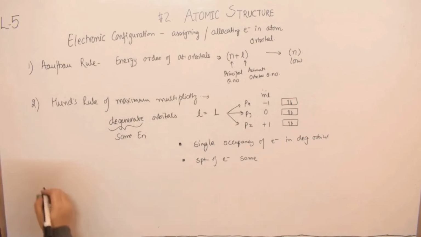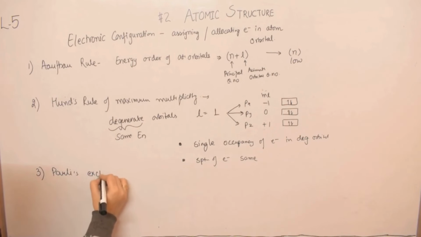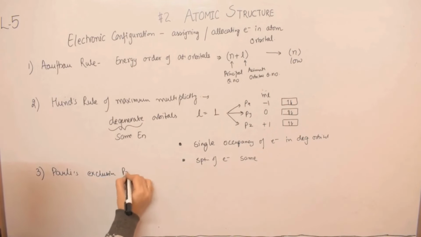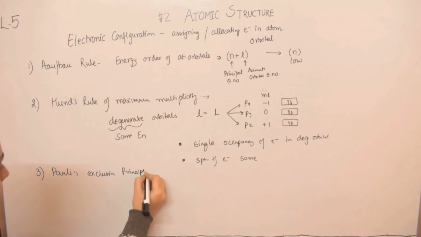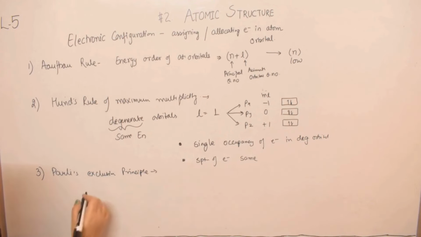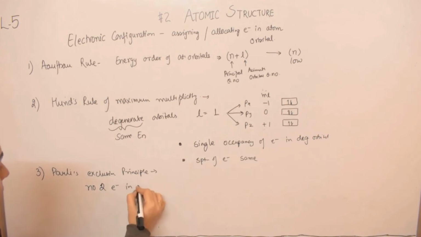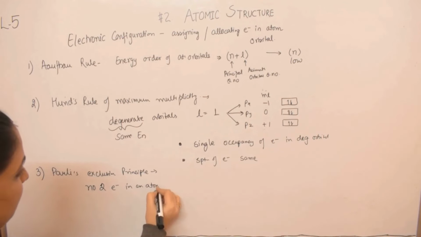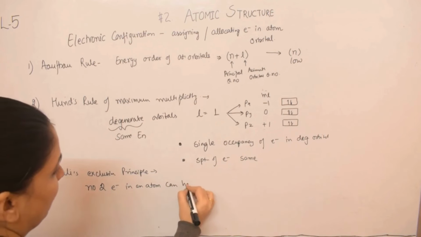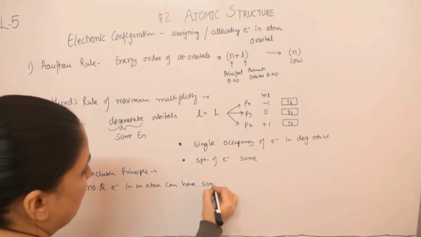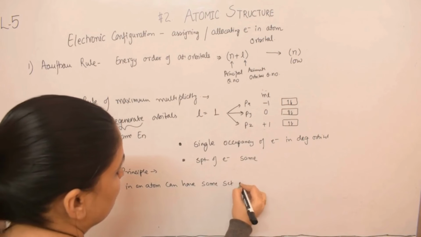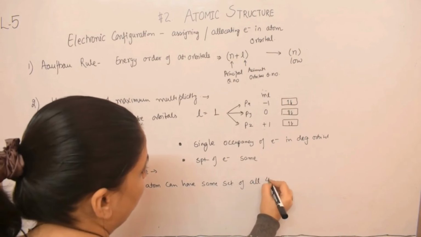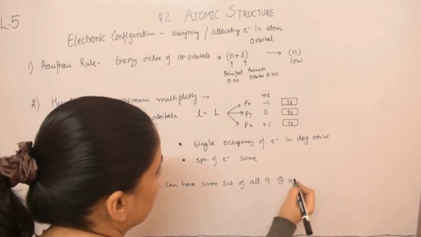The third one is Pauli's exclusion principle. This says that no 2 electrons in an atom can have the same set of all 4 quantum numbers.